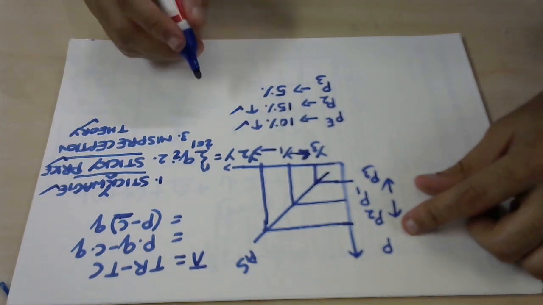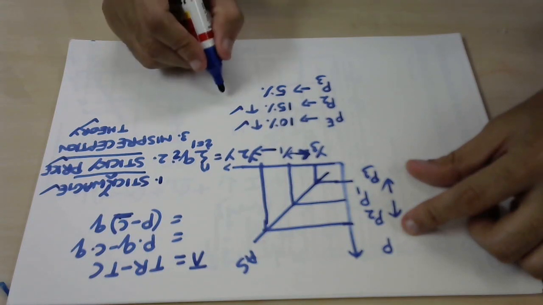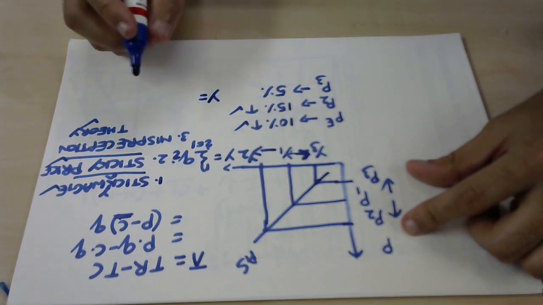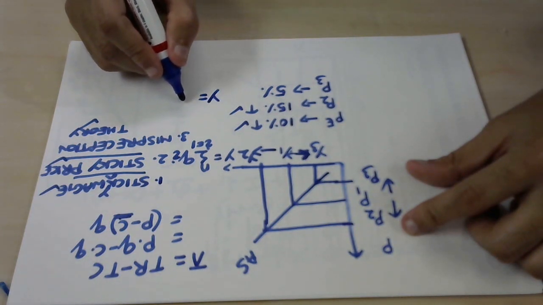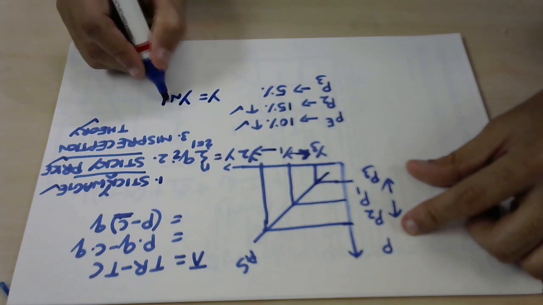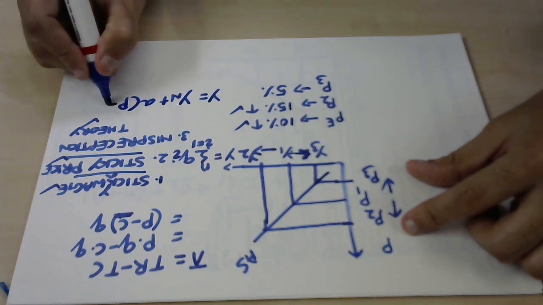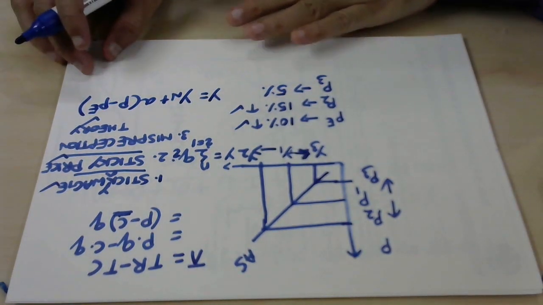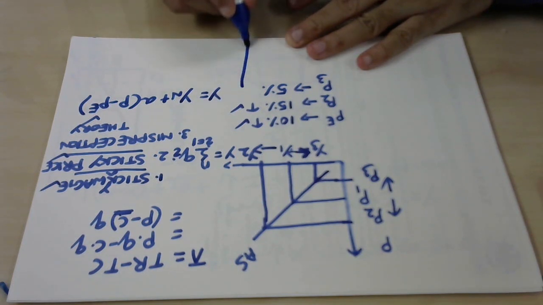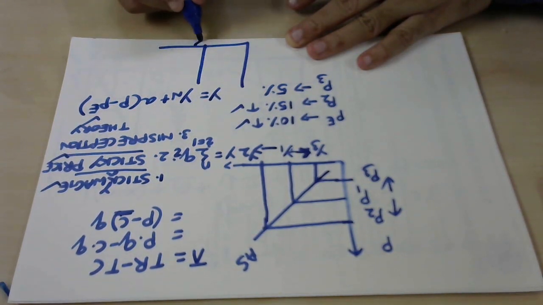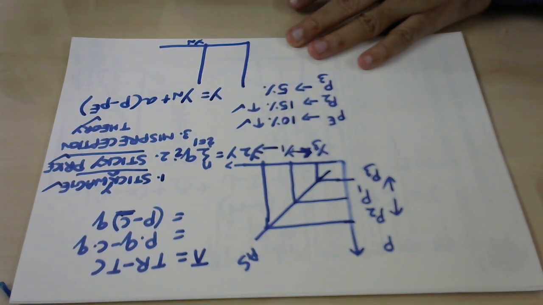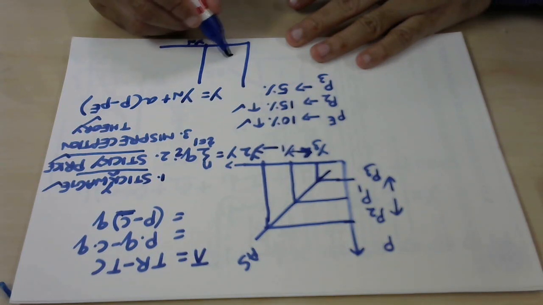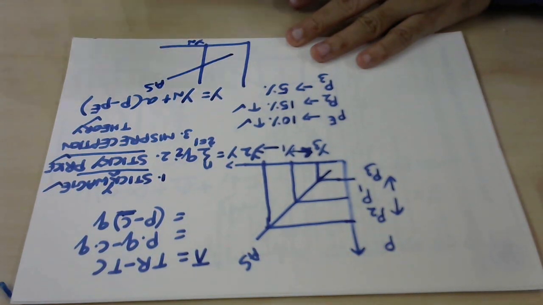But please remember what we are trying to say: output will be equal to the natural rate of output plus A into P minus PE. This is my aggregate supply curve. This is telling me that if this is the full employment output Yn, then this is my aggregate supply curve.